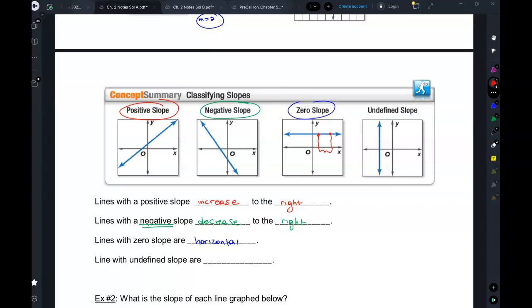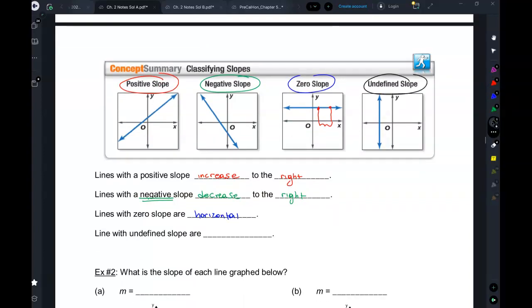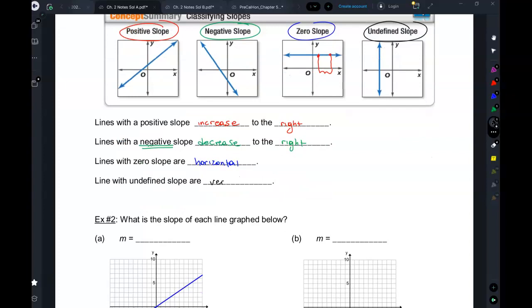So from the first red point to the second red point, how much did it change vertically? Did it change at all vertically? No, there is 0 change, right? So there is 0 slope, okay? And then an undefined slope is a vertical line, okay?